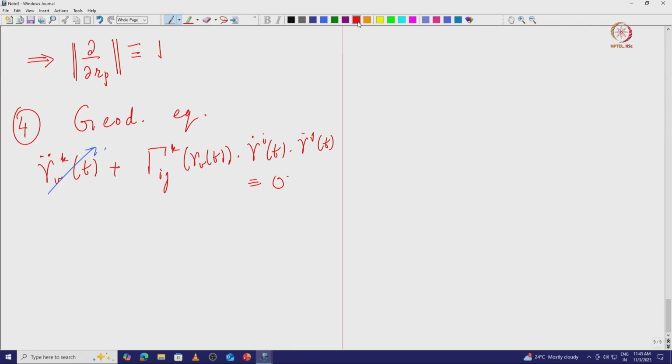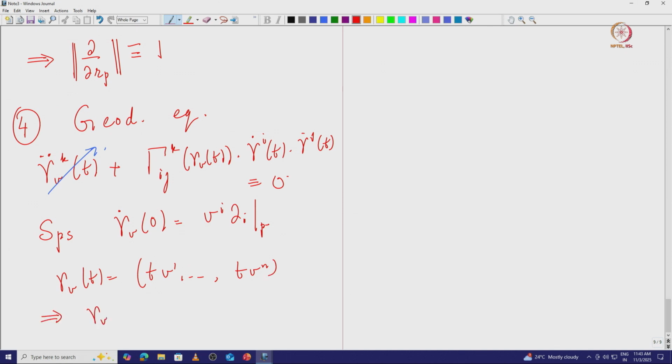So suppose your initial velocity vector is given by vi del I, then gamma v of t by the second part is given by this, which implies that gamma v dot of I is given by vi and gamma v double dot of k, if you take the double derivatives, they are all 0.